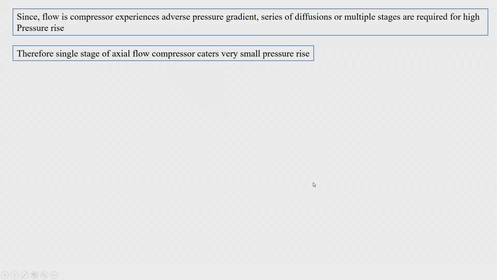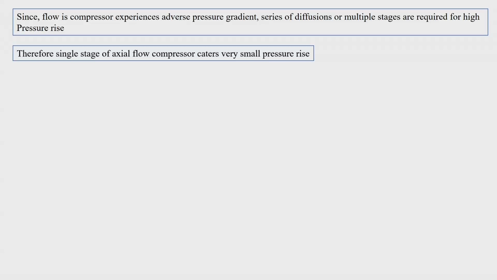Since the flow is going to experience an adverse pressure gradient, every stage partially adds diffusion, and a series of stages is required to raise the pressure to the desired value, since we have an adverse pressure gradient in the direction in which the flow is taking place.